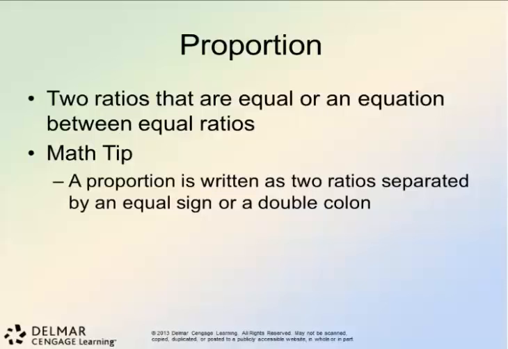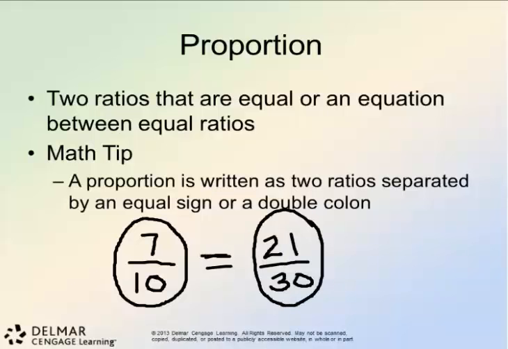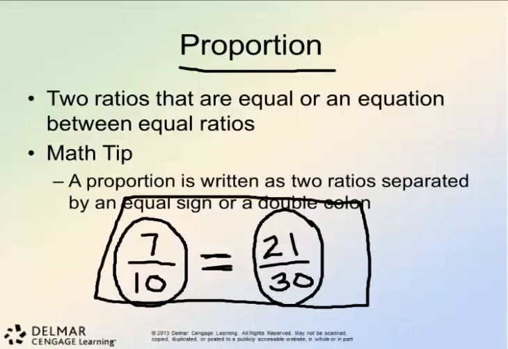So if I had something like 7/10 is equal to 21 over 30. Each fraction is called a ratio. And when we set the two ratios equal to one another, the whole thing is called a proportion.